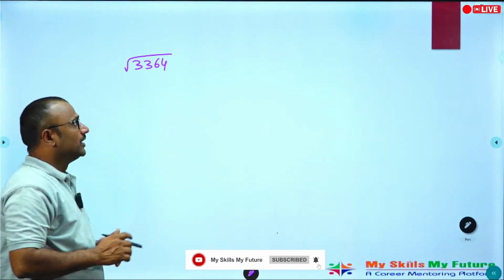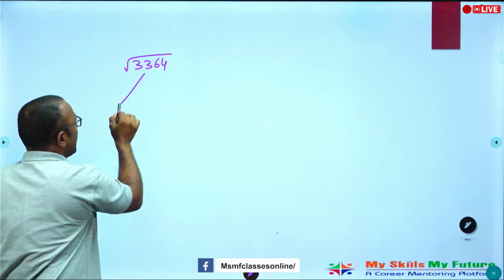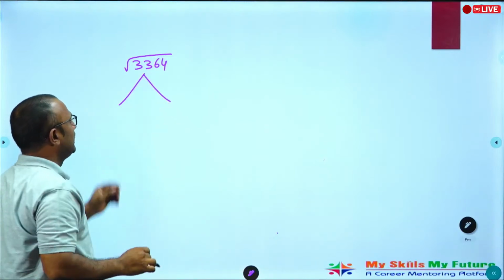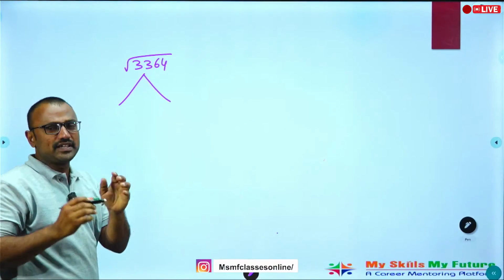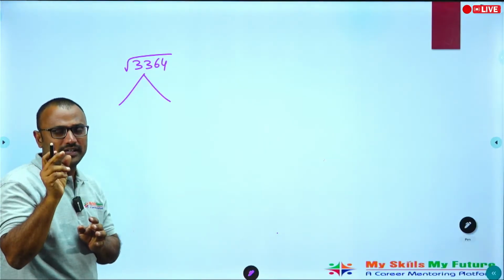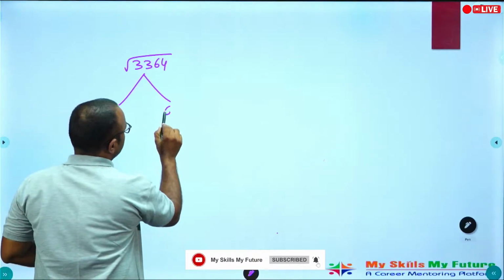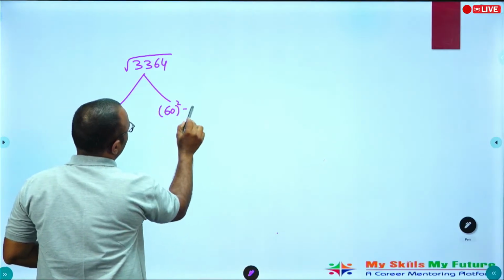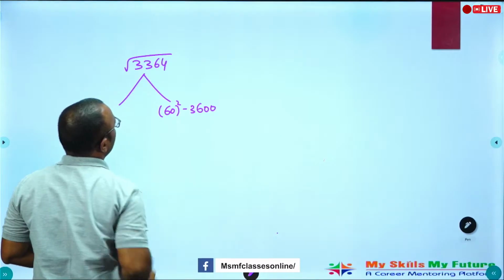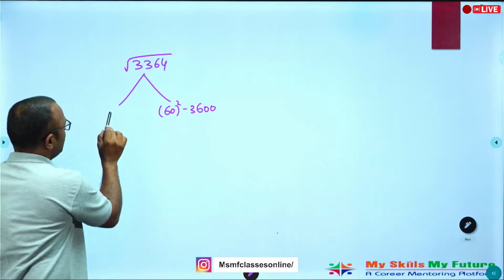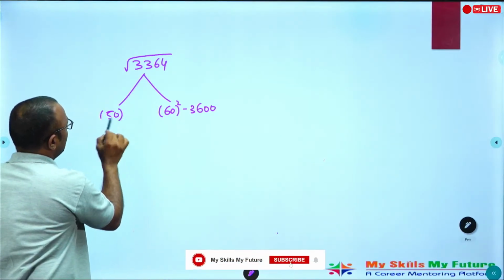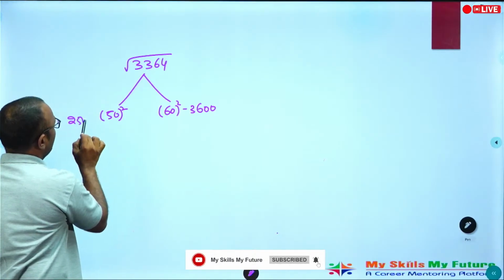Similarly, for 3364, 60 square is 3600 and 50 square is 2500.